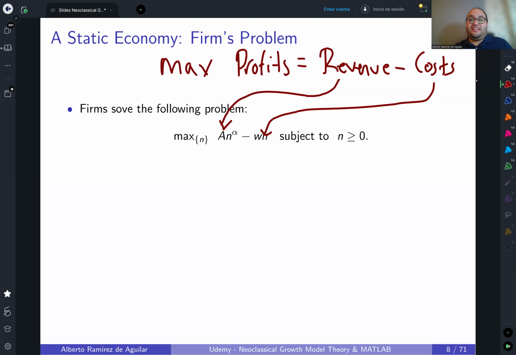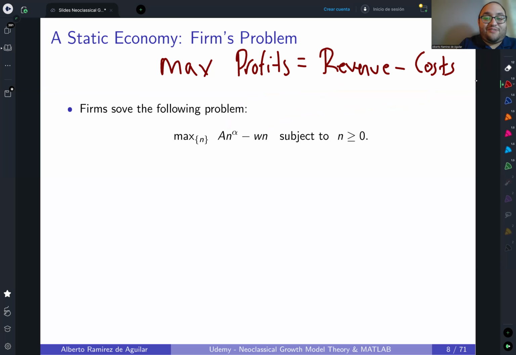And the constraint is that n is going to be larger or equal to 0. Now, as I did in the household problem, I'm going to forget about this constraint, and then I need to check that whatever I get satisfies this. So this is going to be very easy because this is a single variable optimization problem. There's no need for a Lagrangian or for anything.